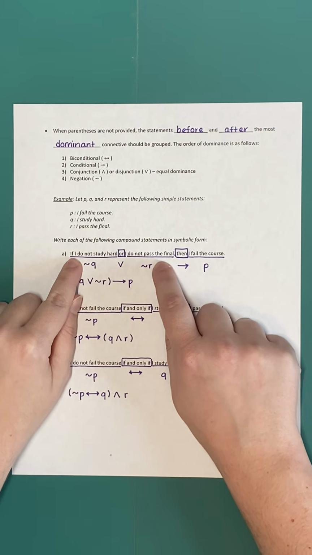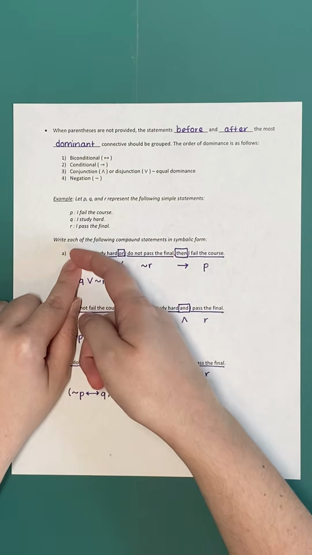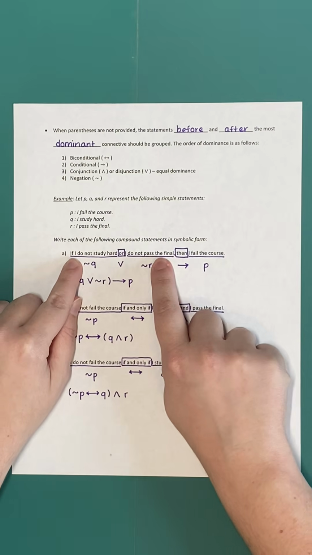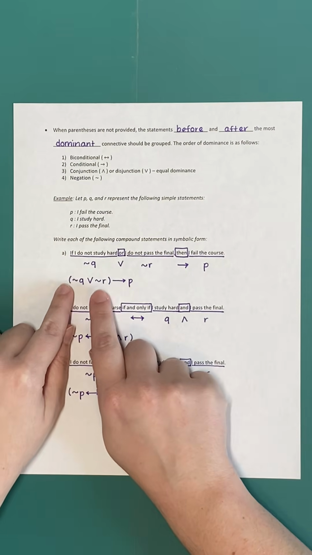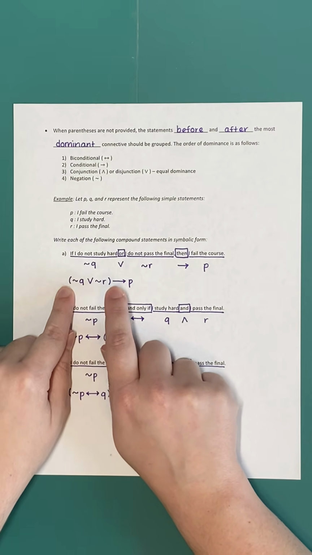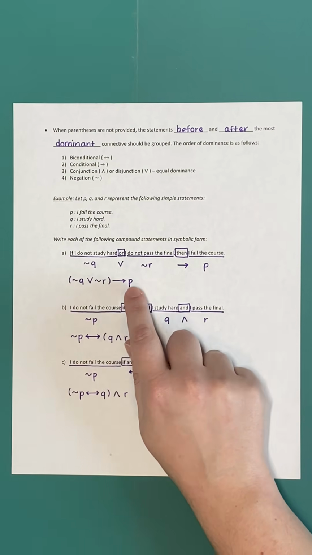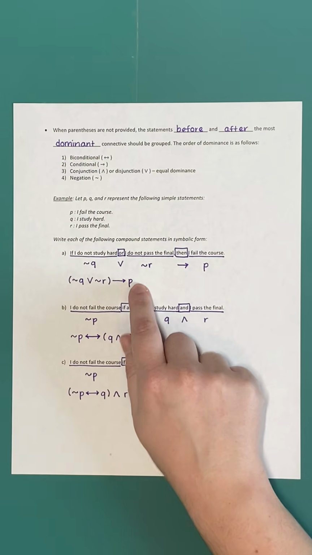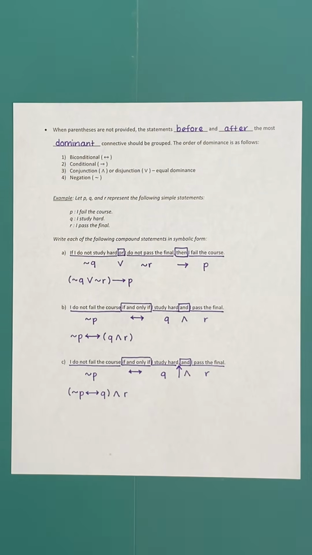So that's going to be where we put our parentheses. Everything before the comma is understood to be grouped. So I'm going to put parentheses around everything before the comma, and then I have the arrow, and then I have P. Now I don't need to put parentheses around P. There's nothing to group there. It's one simple statement. Grouping there is not really going to make a difference.